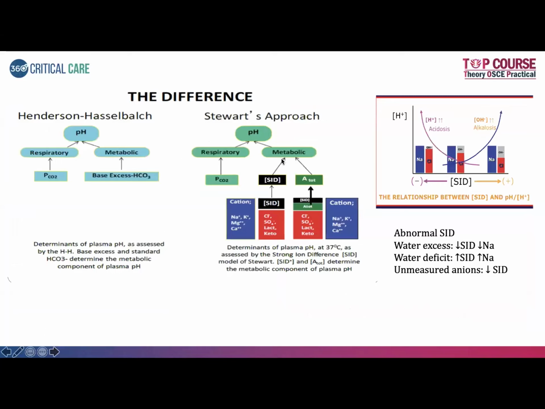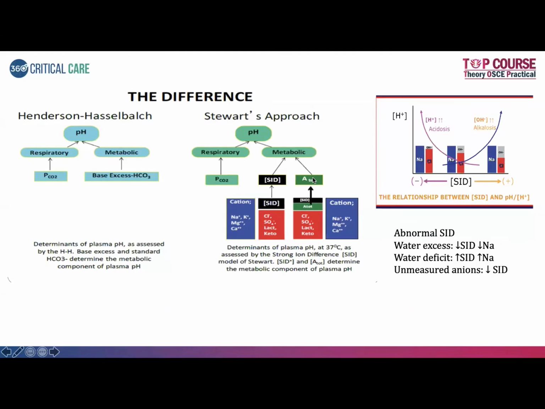Okay, the main difference between the Henderson-Hasselbalch and the Stewart approach. Here they are looking into only two components. In the Stewart approach, the metabolic component, the difference between the strong anions and strong cations, is going to be your strong ion difference. Your ATOT is similar to the weak acids contributed by your phosphates and albumin.